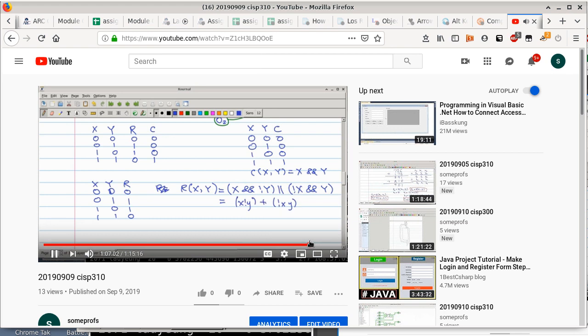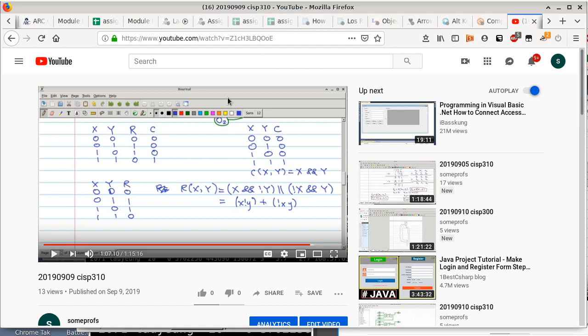Talking about digit k? I may not have talked about it. So we'll talk about that next, okay? Because that piece of information is important when we are trying to make a full adder, okay?